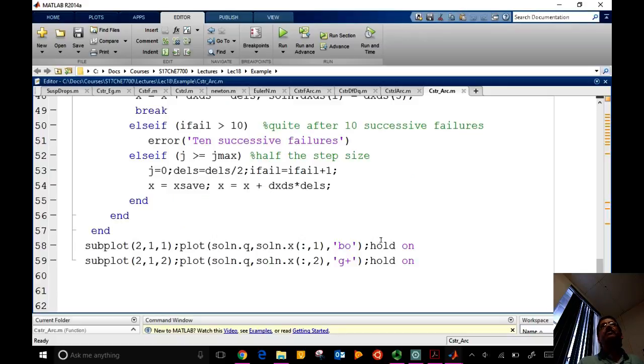Yeah? I want to raise my question again: what requirements should the Jacobian have? Right, so the Jacobian of the original 2x2 problem, the physical problem, will become singular at those turning points. Yes.